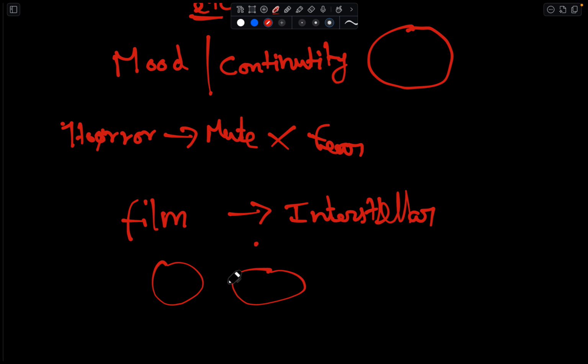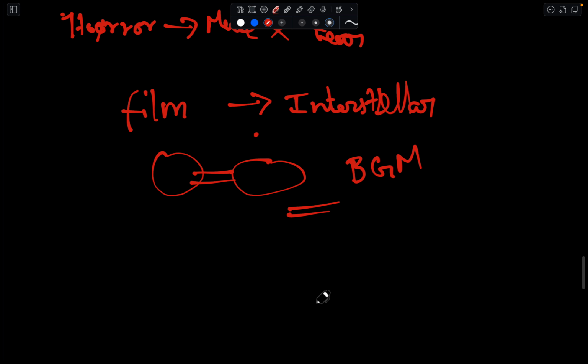You can see how Hans Zimmer's music plays a really important role in bringing that scene to life. The soul of that scene is the BGM that Hans Zimmer has created for that particular scene. Like this, sound has multiple roles to play in a film.